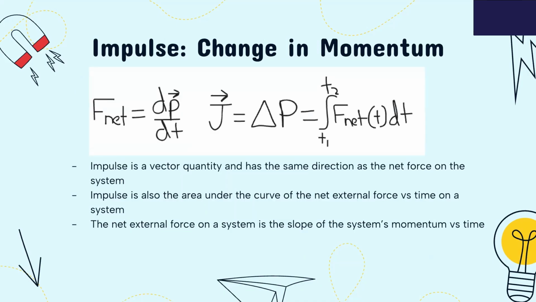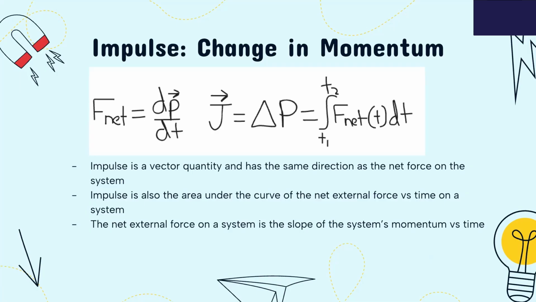Okay, now what is the change in momentum? We define that to be impulse. Impulse is a vector quantity, and it has the same direction as the net force exerted on the system. Impulse is also equal to the area under the curve of the net external force versus time graph on a system. And the net external force on the system is the slope of the system's momentum versus time.